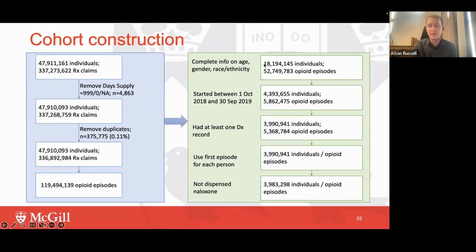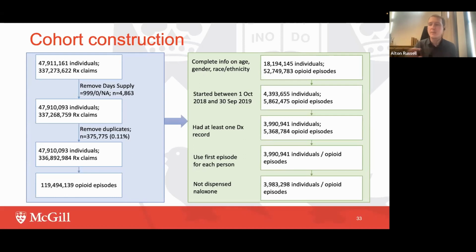And we also focused on just the cohort for whom we had complete information on age, gender, and race or ethnicity. And we filtered down to the time period we were interested in. We made sure that they had diagnosis data. And we only used the first episode per person. And for the cost effectiveness analysis, we excluded people who were not dispensed naloxone.